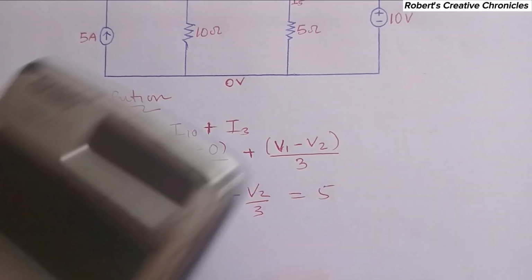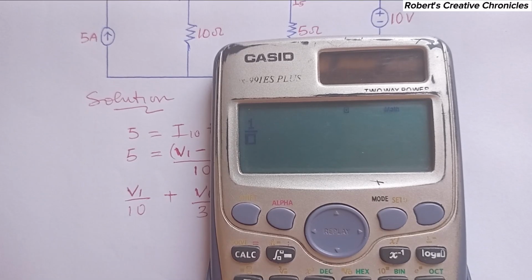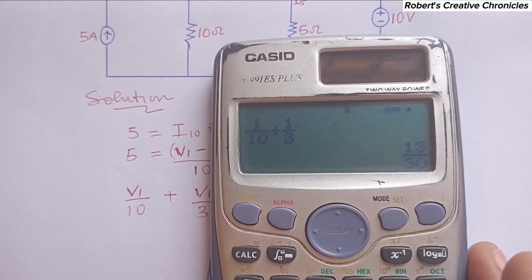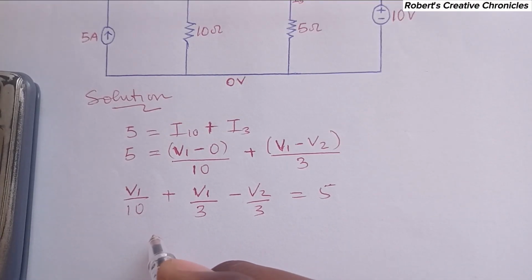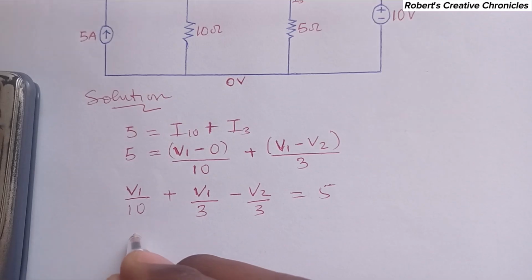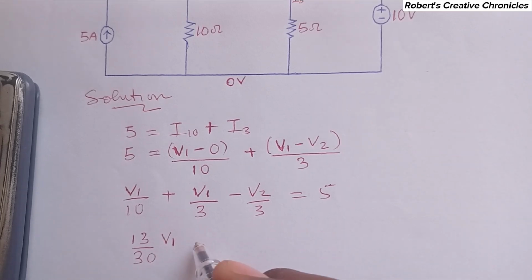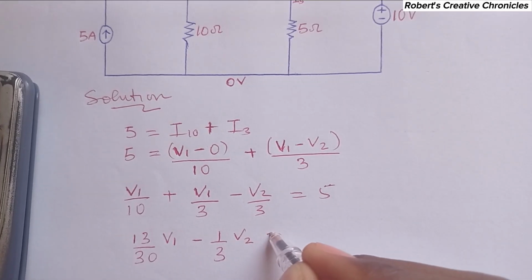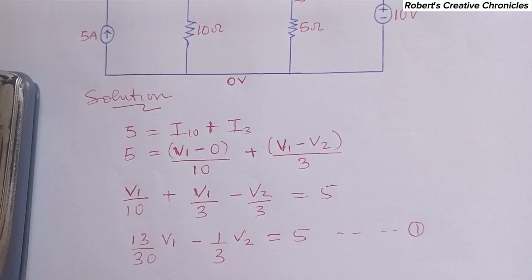So we'll add these together: that's 1 over 10 plus 1 over 3, which is 13 over 30. So this will be 13 over 30 V1 minus 1 over 3 V2 equals 5. So this will be our equation 1.